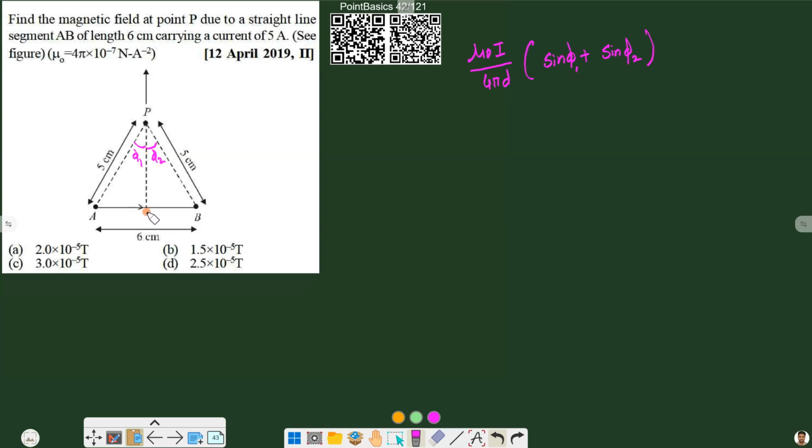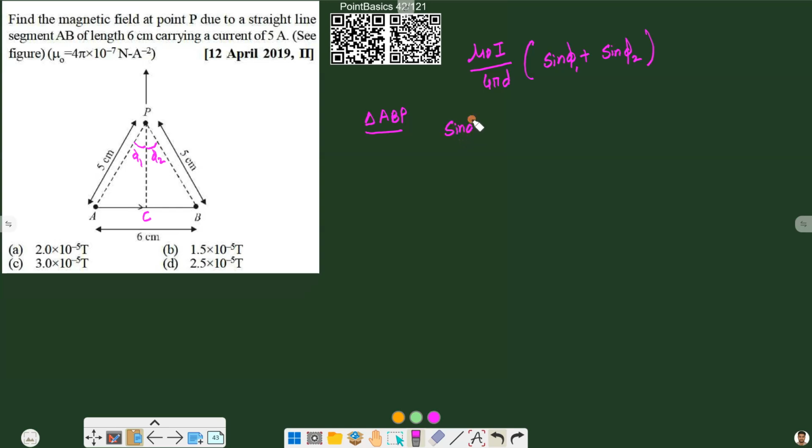Suppose we have a middle point here, say C. Now in triangle ABP, AC is our perpendicular, and AP is the hypotenuse. So CP is the base, and we can easily find sine phi 1.